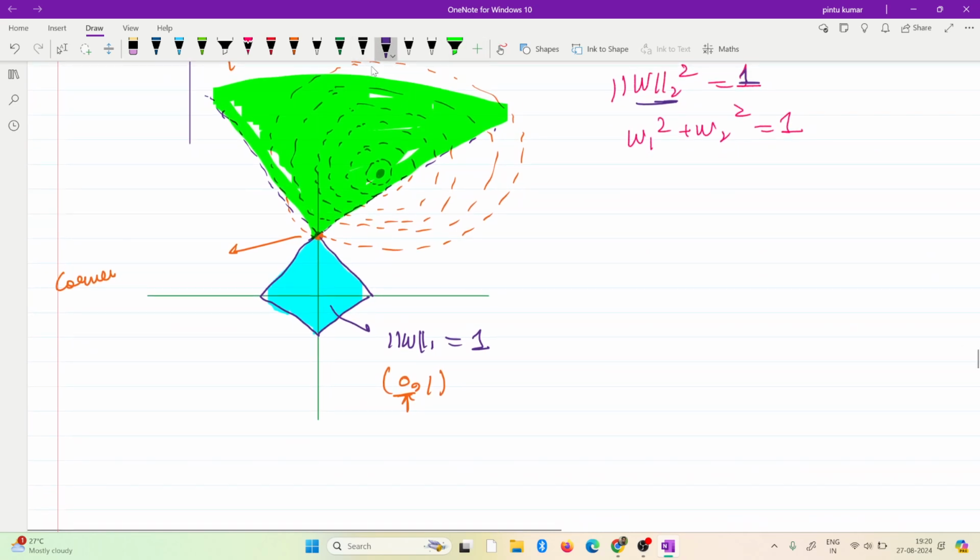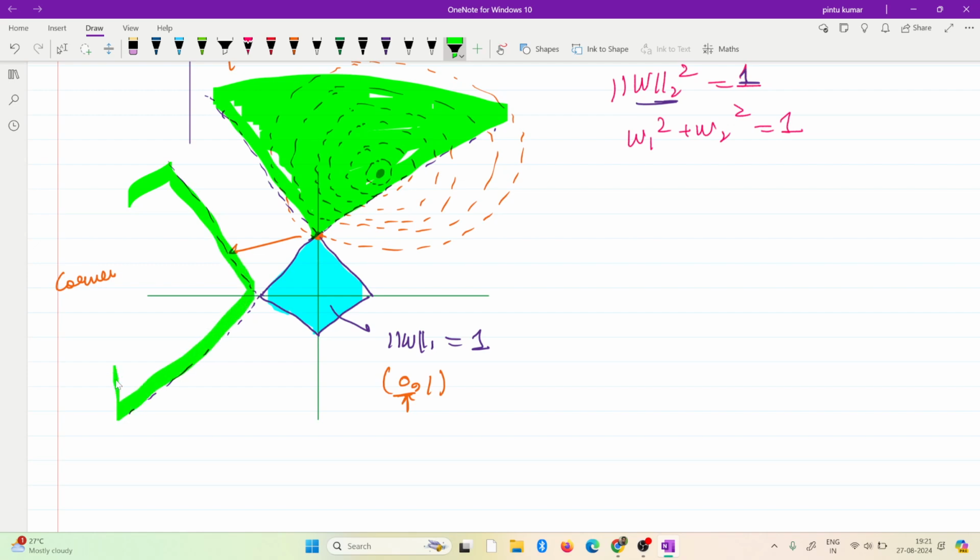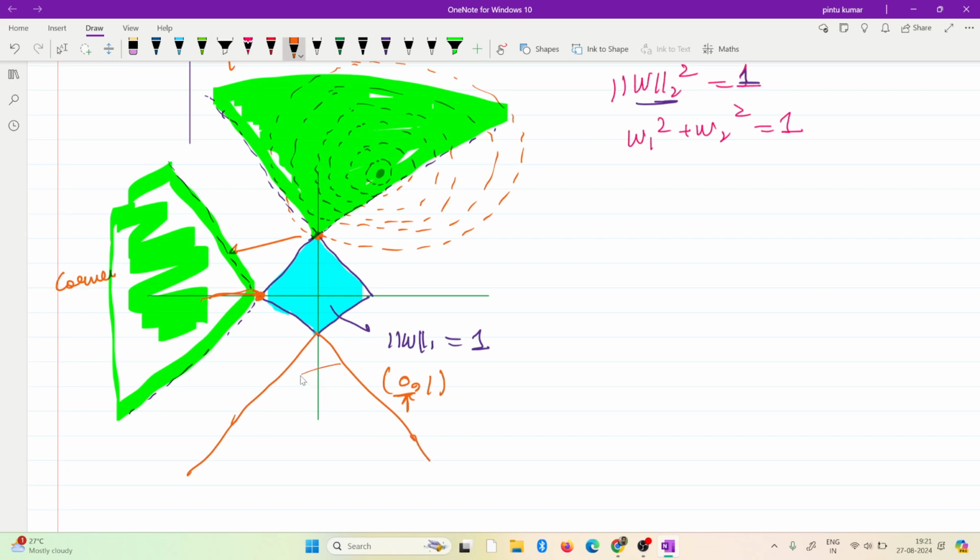And what extra we have is, let's say we extend this line from all the sides. So if you started from this portion, you would have landed upon this corner point. Similarly, if you did something like this, you would have landed upon this corner point. So for here, your corner point is this. Similarly, for here, your corner point is this.